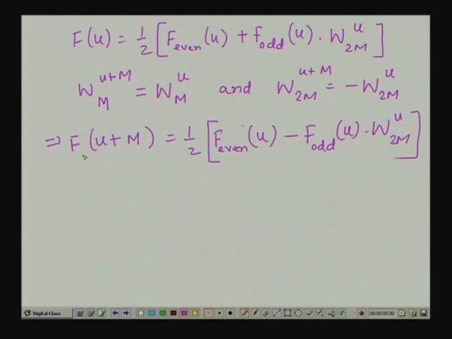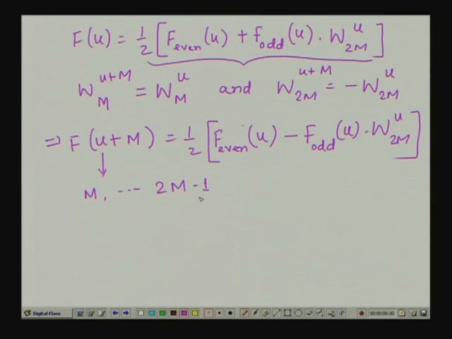Here again u varies from 0 to M minus 1, that means this gives us the coefficients from M to 2M minus 1. So, I get back all the coefficients. The first part gives us the coefficients from 0 to M minus 1, and this second half gives us the coefficients from capital M to 2M minus 1.